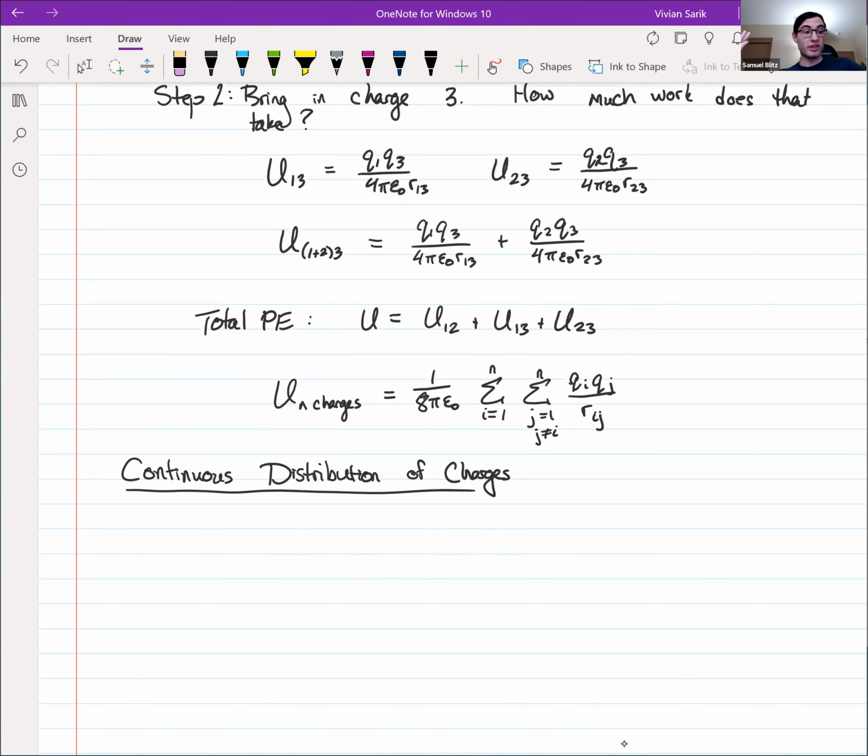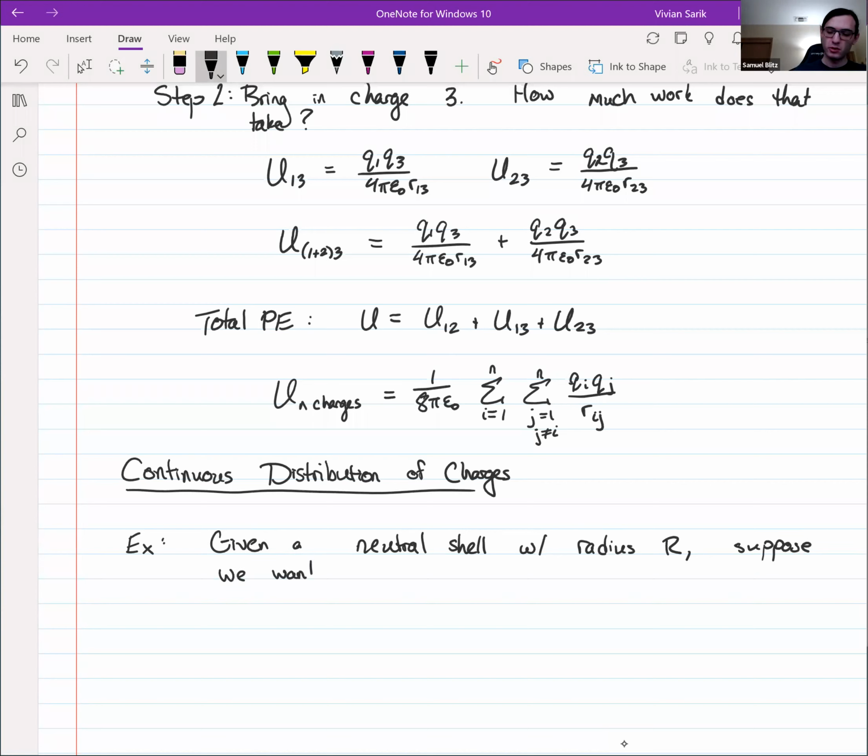So let's do an example. This is going to be the simplest example that we can do, although it'll still look challenging. Given a neutral shell with radius capital R, so this is just like a piece of plastic with radius capital R, suppose we want to charge it by moving charges from infinity to the surface.